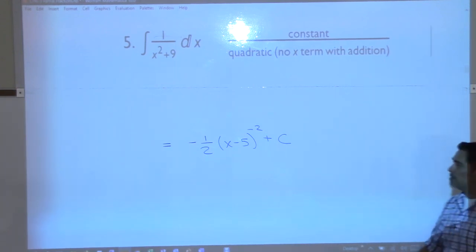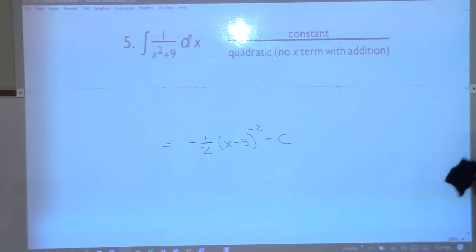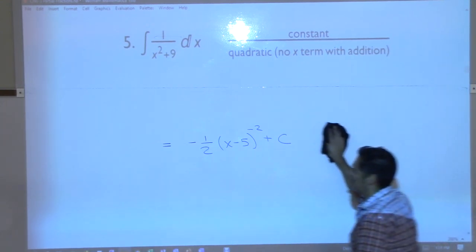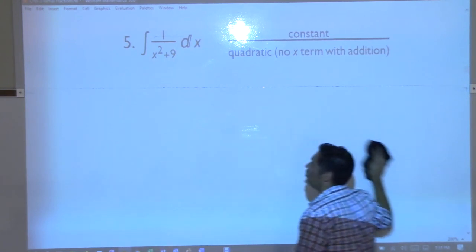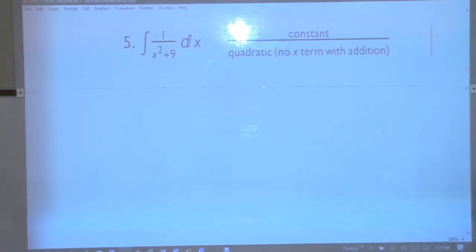Trig sub. Ooh, yeah, you could do trig sub. But can you do it without any work? Formula 17. This is formula 17, right? This is basically like 1 over variable squared plus constant squared, and the antiderivative of that should be 1 over a arctan of u over a.